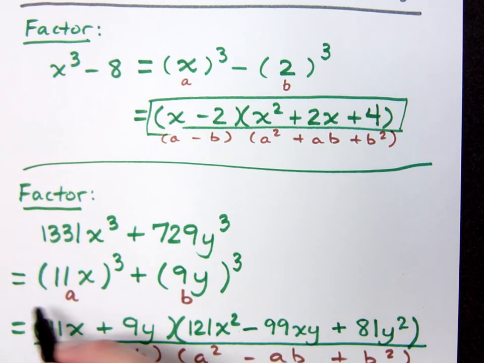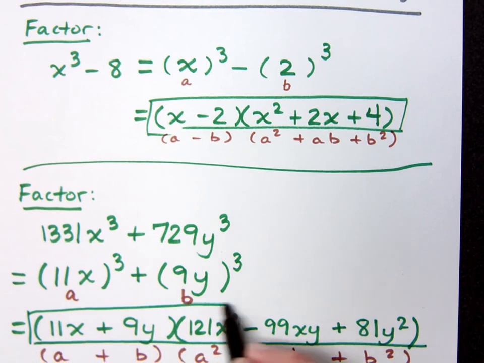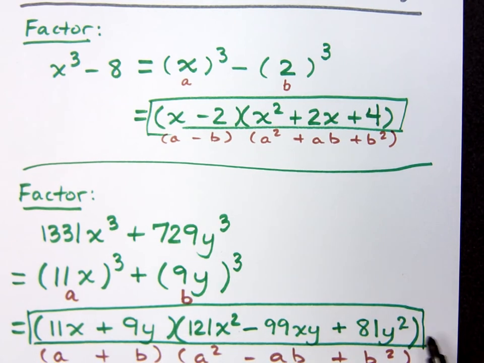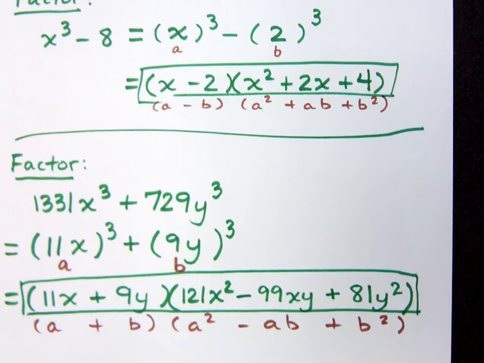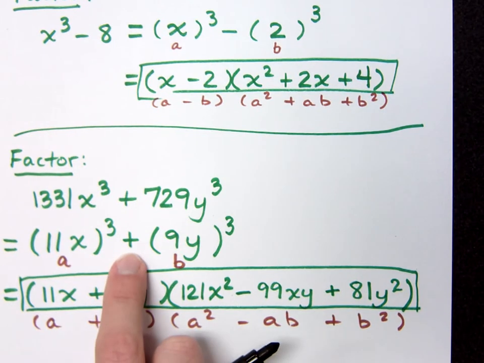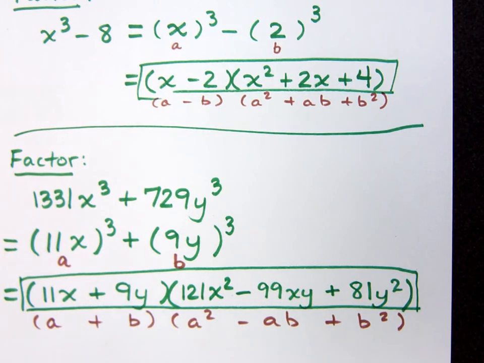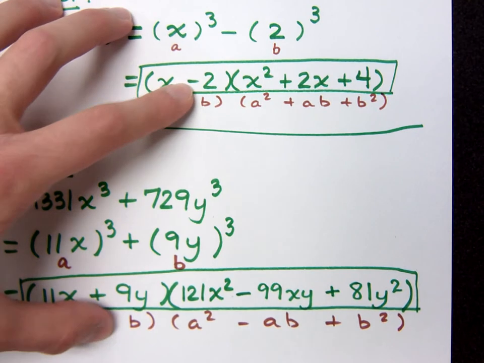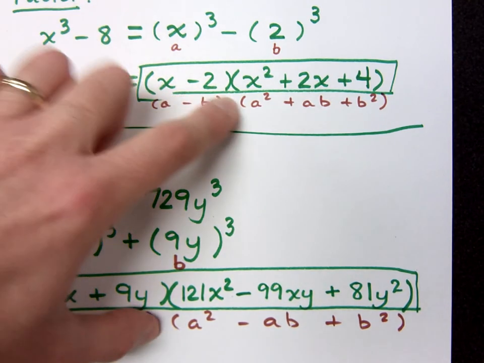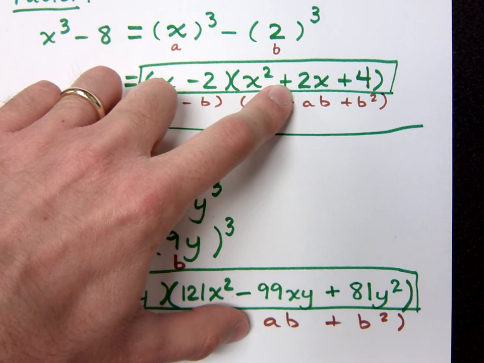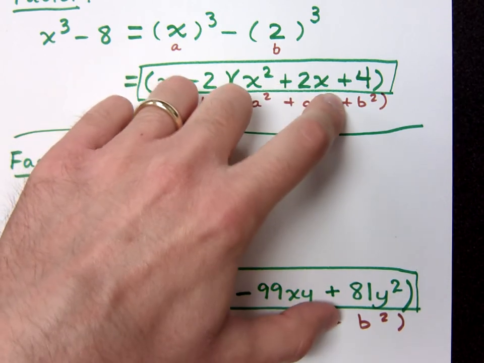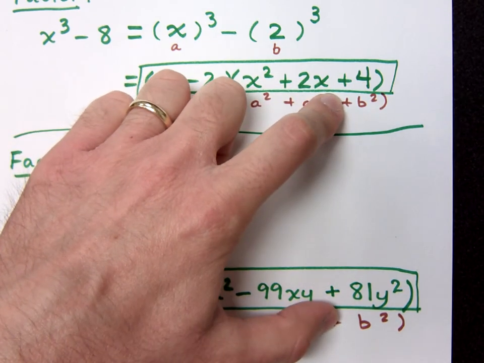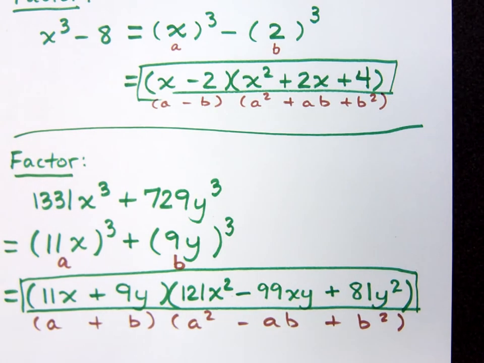Well, it all depends on whether you're starting out with addition, since the sum has a different formula than the difference one does. But notice that these terms are all the same: a, b, a squared, ab, and b squared. Those pieces are all the same. What's different will be the signs.